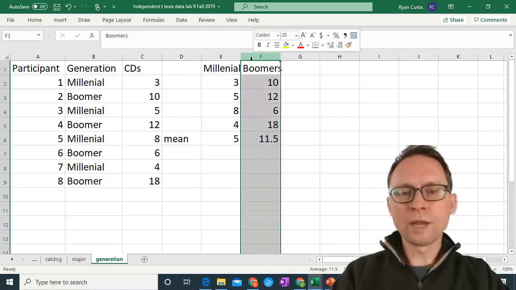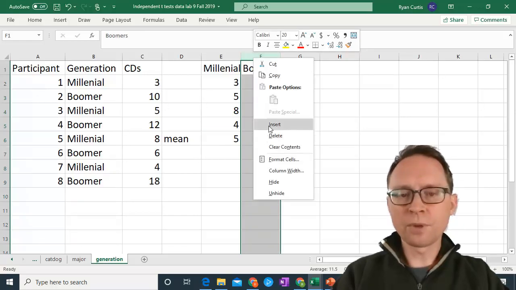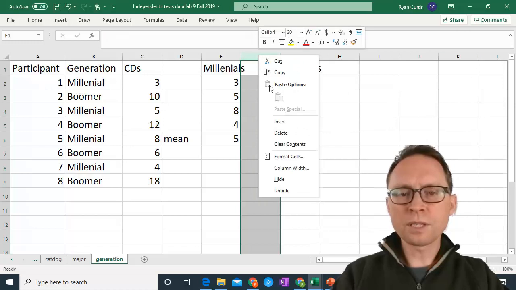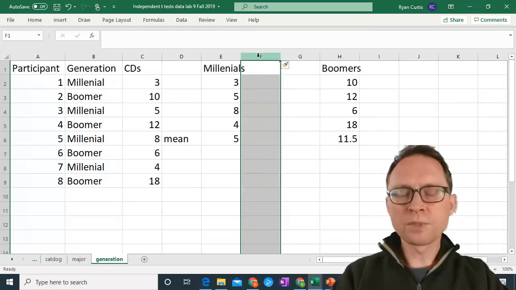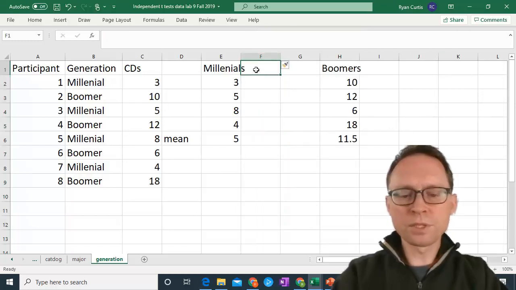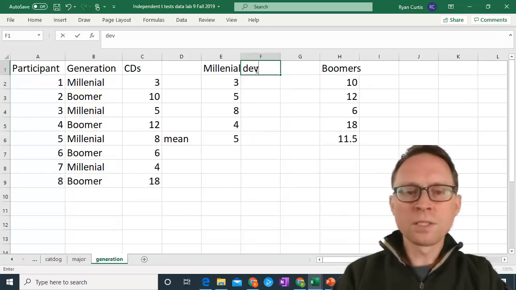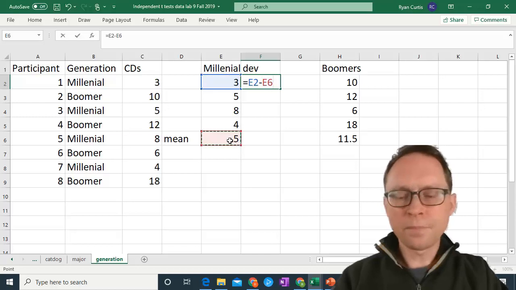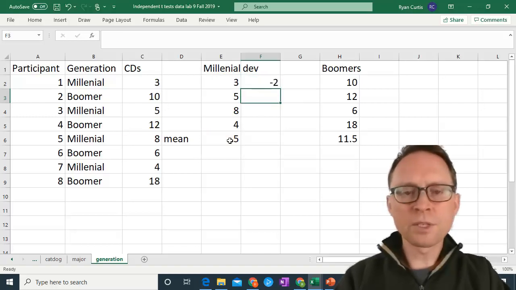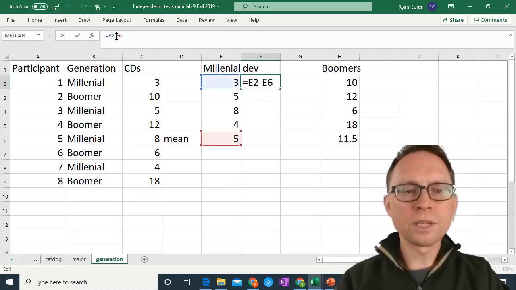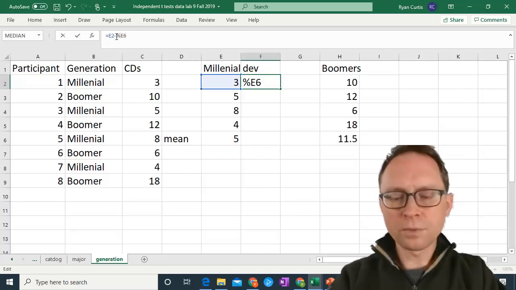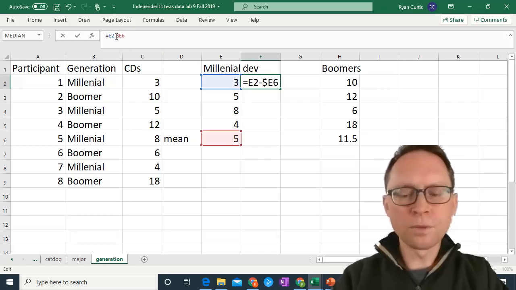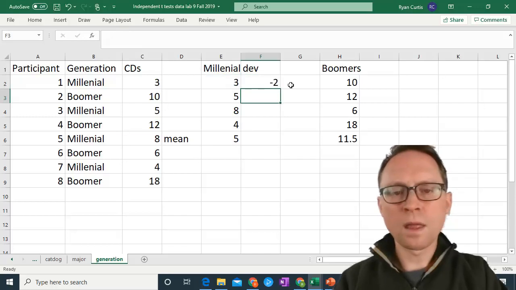So let's go ahead and calculate the variance just like we did before. We're going to insert each of these. We're going to make some space, make sure we've got enough room. So this is going to be the deviation. Deviation is x minus x bar. Now in this particular case, let me just go ahead and tell it to do this for all of it.